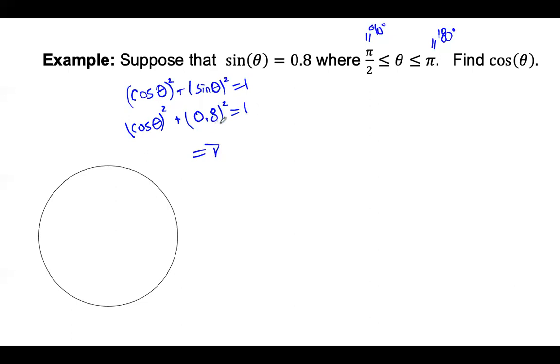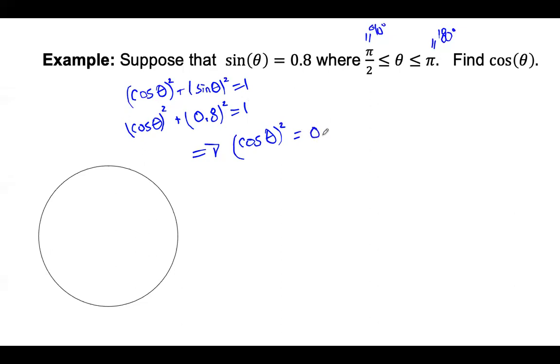We could subtract 0.8 squared on both sides. We get cos of this angle squared is equal to 1 minus 0.8 squared.